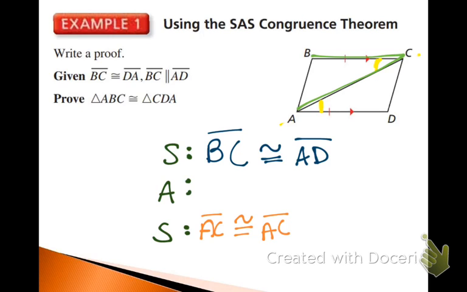That's angle C, this is angle C. So you need to use 3 letters. So what 3 letters make up my green angle here? BCA. So I'm going to say angle BCA is congruent to angle CAD. Well, technically, angle DAC, if we wanted to be technical.